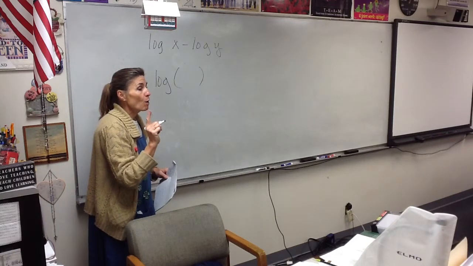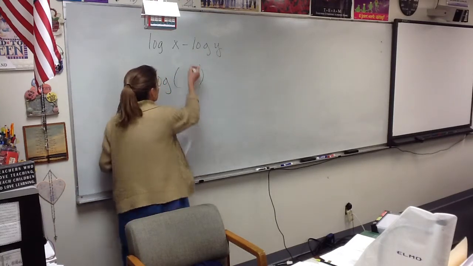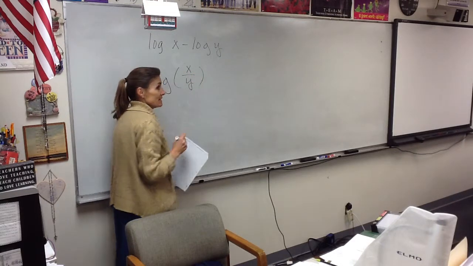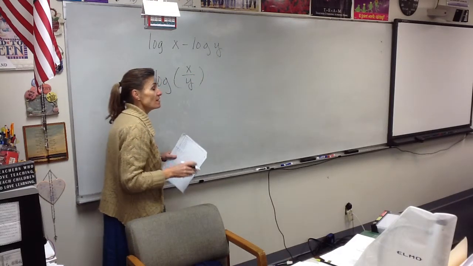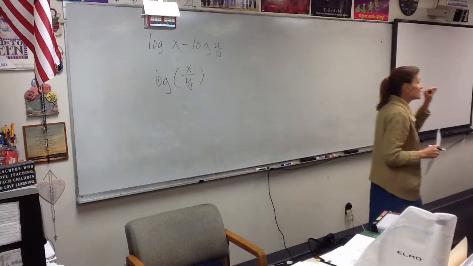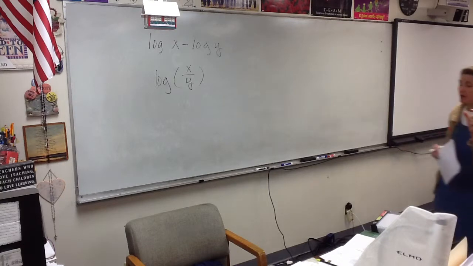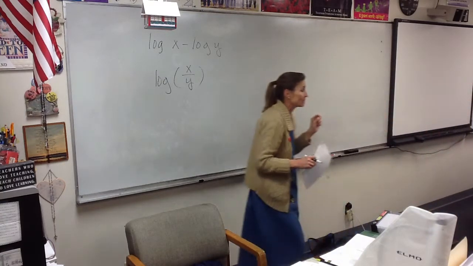When the logarithms are subtracted, it means the numbers were divided. So if we have the log of x minus the log of y, we're going to put that together into the log of x over y.